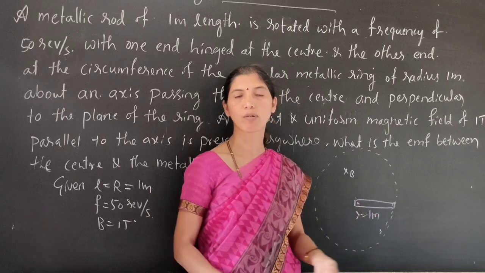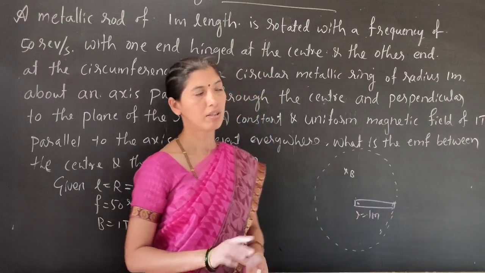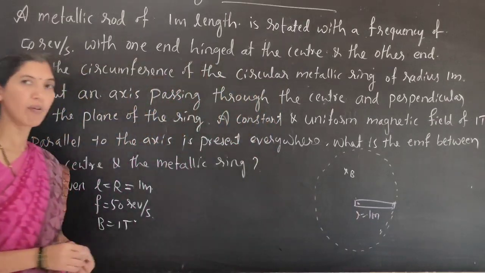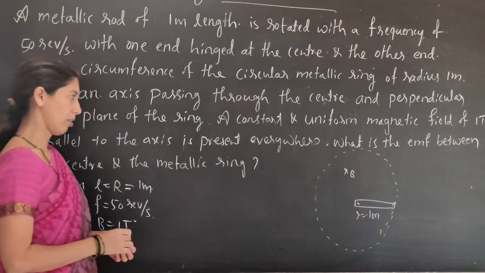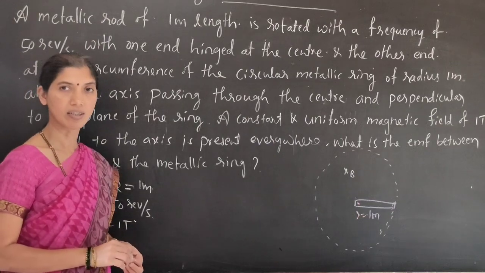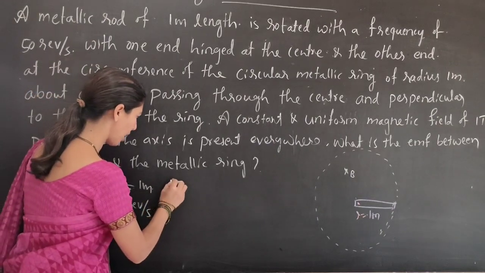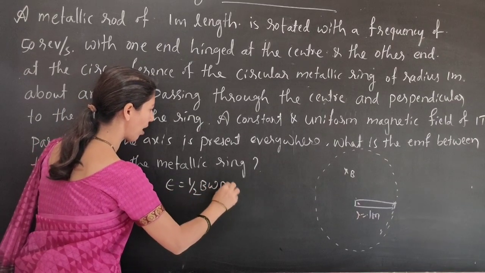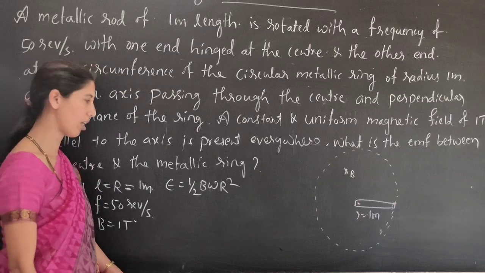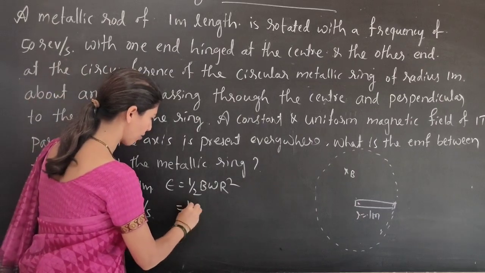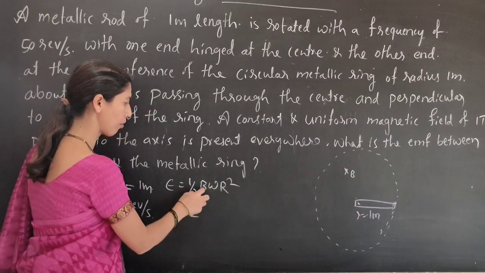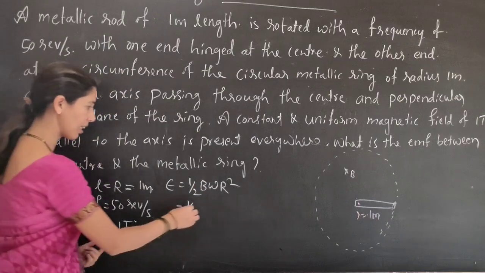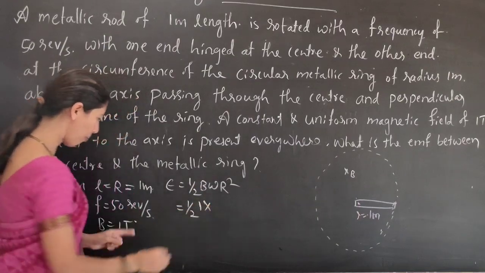Now we have studied the formula for the EMF of a rotated disc. There we have studied EMF E is equal to half B omega R square. This formula we have already studied. So this is equal to half into B value, which is given as 1 Tesla, into omega.